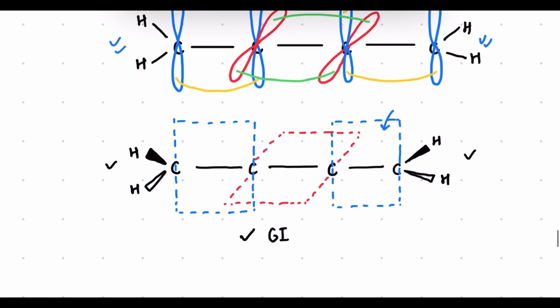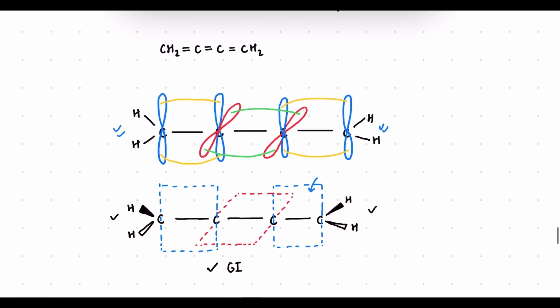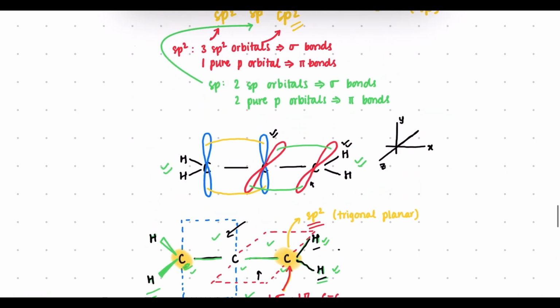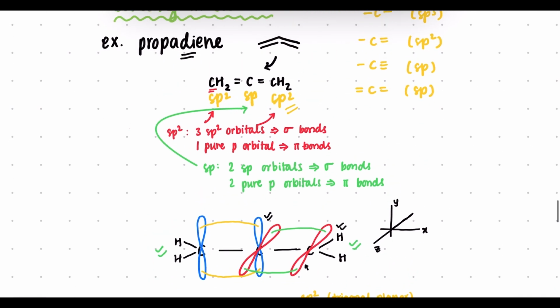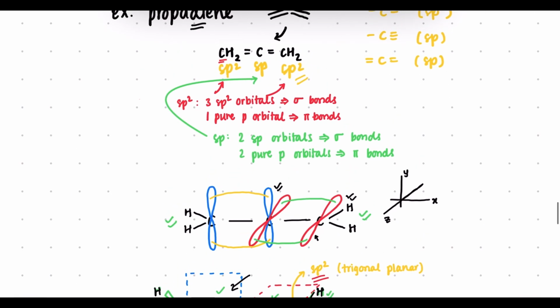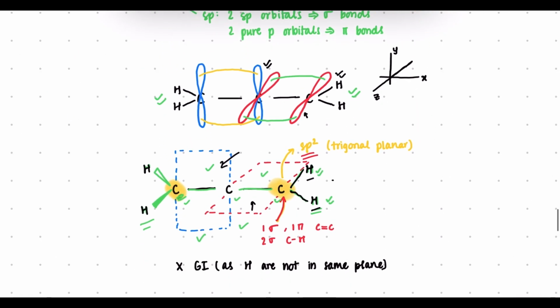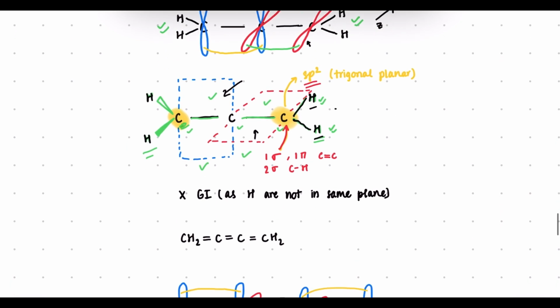So for allenes, we can now think of a shortcut. When we looked at this compound with only 3 carbons, propadiene, we saw that it does not exhibit geometrical isomerism because the hydrogens are not in the same plane.